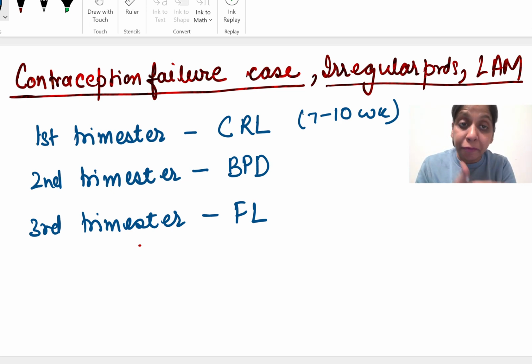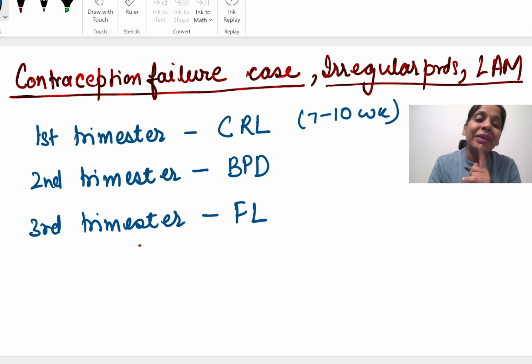When the contraception fails, when the periods were irregular, or when it was lactational amenorrhea, we don't know when ovulation was occurring, so we can't use Naegeli's formula. In all those conditions in which you are not sure when the ovulation is occurring, you are not going to use Naegeli's formula. Naegeli's formula is only for the 28 day cycle and regular cycle. Regular cycles means ovulation is occurring, right?